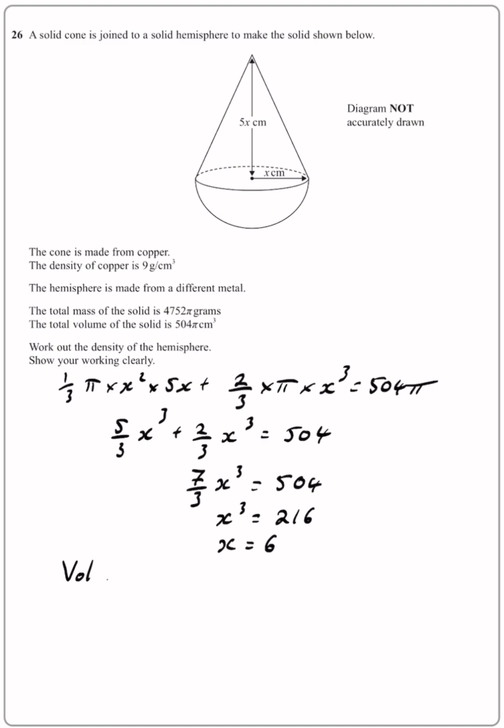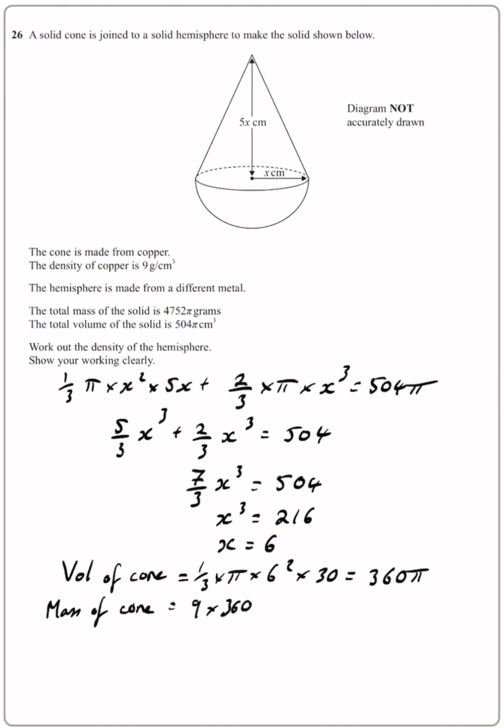The volume of the cone, 1/3 pi x squared times h, in this case now 1/3 pi times 6 squared times 30, and that gives me a volume of 360 pi. Therefore the mass of the cone, which is made of copper, is going to be the volume times by 9, which is 3,240 pi.